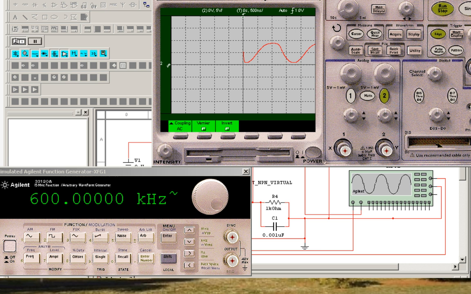How come it's not repeating? I have to wait for it to update. It's not updating or something. I don't know why this isn't updating.